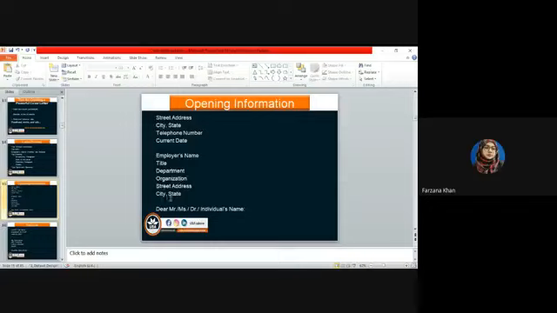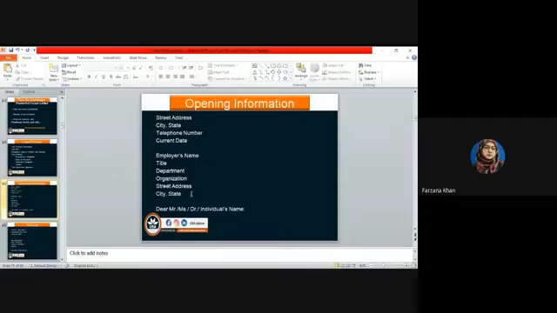And after that, 2 lines of space, and then you will mention the salutation. The rules of salutations are already clear to all of you. You learned very well how to write salutation when you learned letter writing. So, Dear Mr. or Mrs., it depends on to whom you are going to send your cover letter.